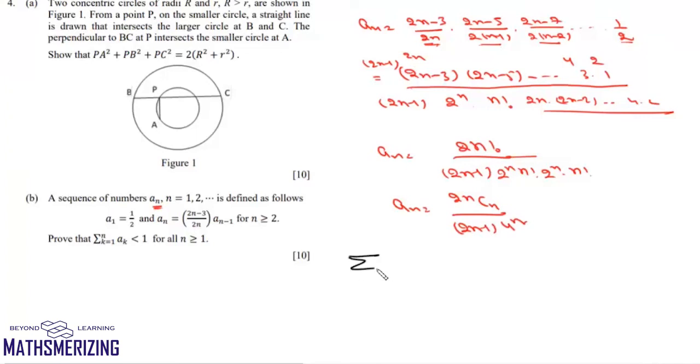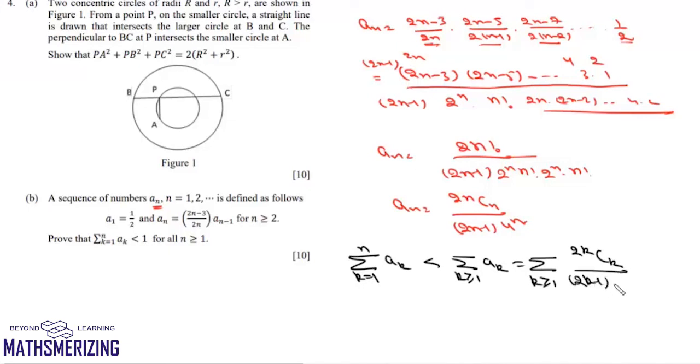Now this summation of ak, where k varies from 1 to n, will be less than this summation for k greater than or equal to 1 of ak, which is summation k greater than or equal to 1 of 2k Ck upon (2k minus 1) into 4 to the power k.